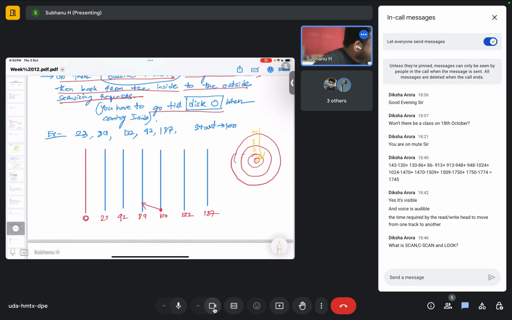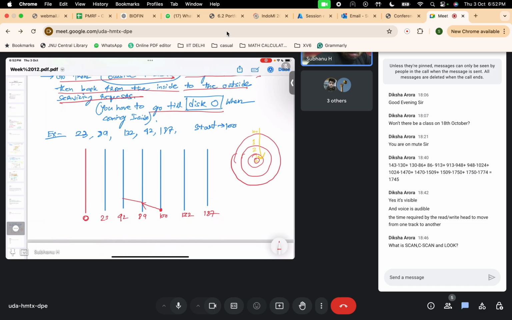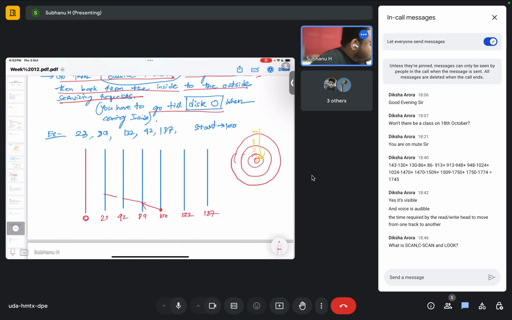We will be going from here to here, then here, then like this. So this is the extra step you have to follow. Then from here you will be going to the next.